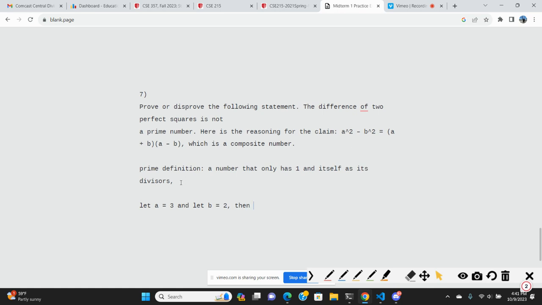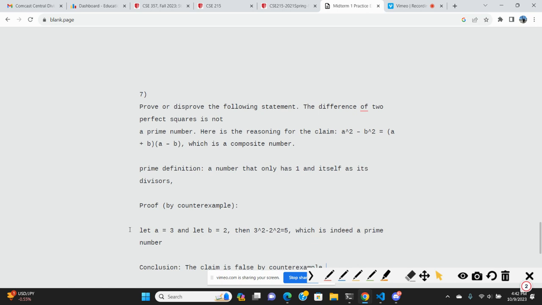Then 3 squared minus 2 squared is equal to 5, which is indeed a prime number. Oh, and don't forget to put proof by counterexample. And therefore, the conclusion is that the claim is false by counterexample.